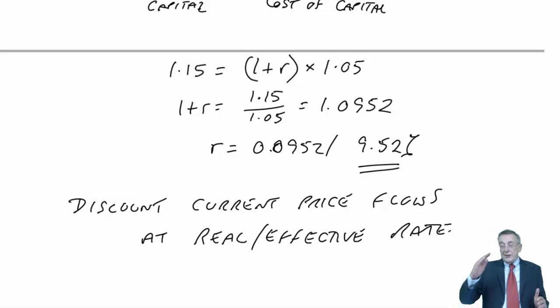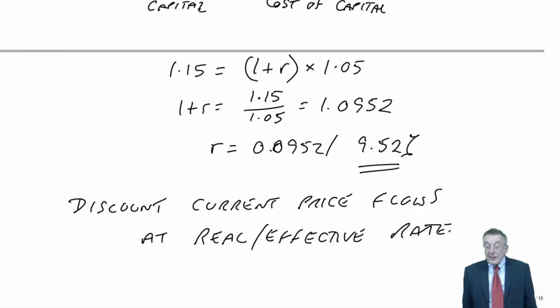That the net effect of increasing at 5 and discounting at 15, the net effect, we get the same result discounting by a net 9.52.